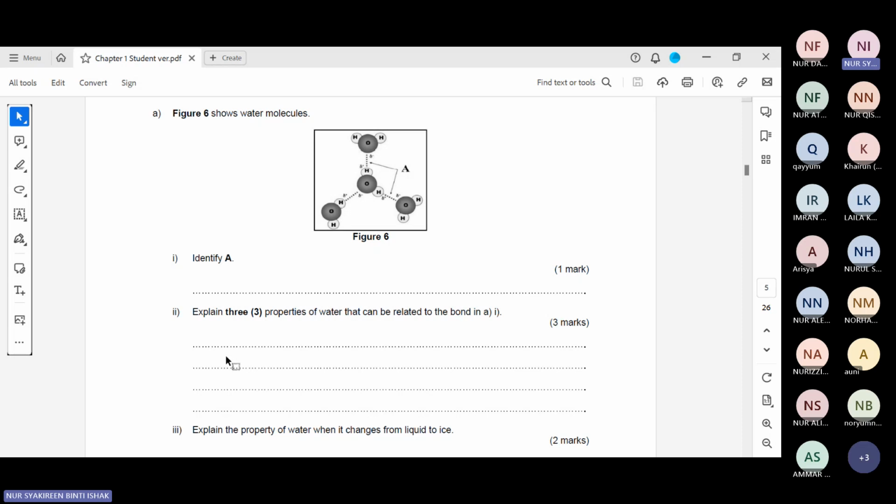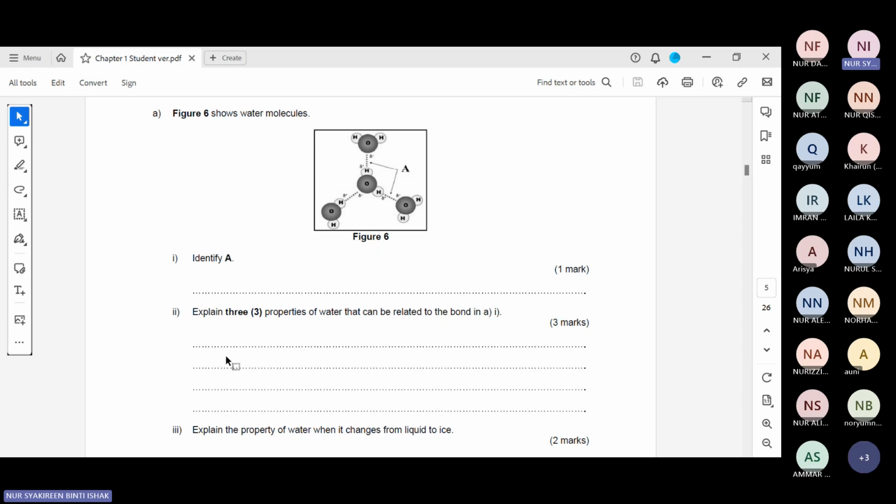The hydrogen bonding individually is weak, but when so many hydrogen bonds form, the water needs quite a large amount of heat to break these hydrogen bonds between the water molecules.